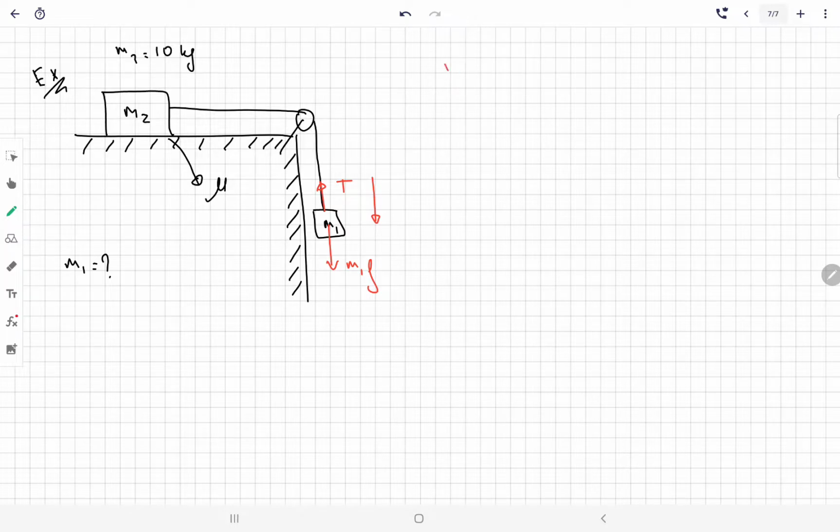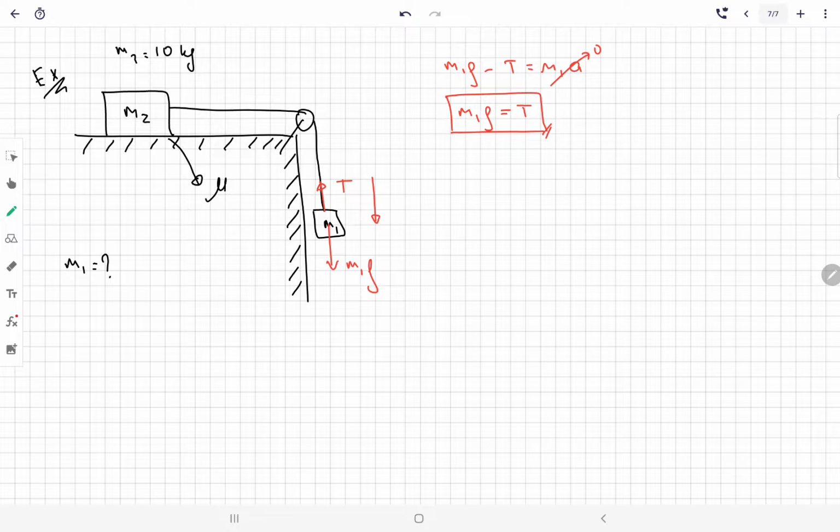So resultant force equals M1G minus tension equals M1A. Minimum, its acceleration should be equal to 0. M1G equals tension. In this case, this object M1 will be at rest.